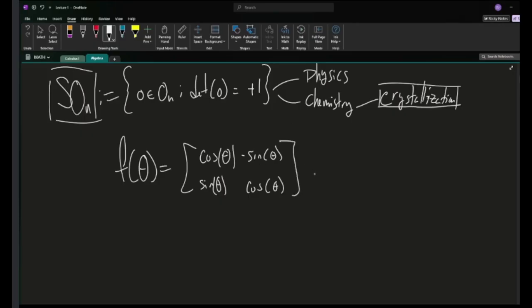Which is basically the same as our rho of theta. It's our rotation across an angle theta.